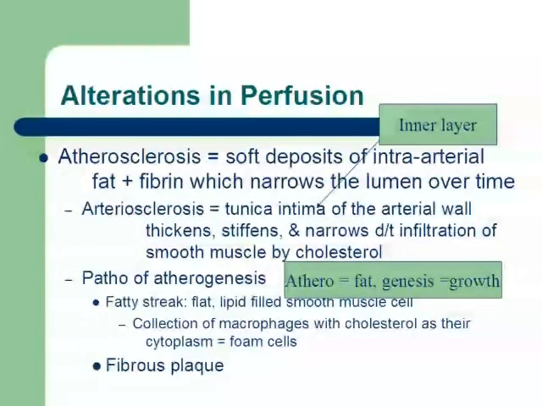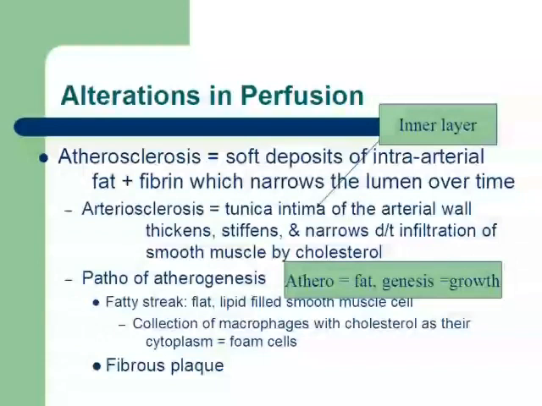Atherosclerosis, that is where the tunica intima, which is the inner layer of the arterial wall, thickens, stiffens, and narrows due to infiltration of the smooth muscle by cholesterol. And it involves the process of atherogenesis. And atherogenesis, if you break it down, athero means fat and genesis means growth. So it's the growth of fatty tissue.